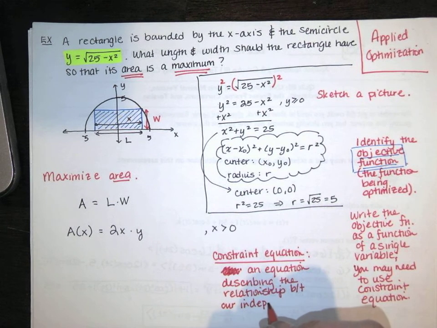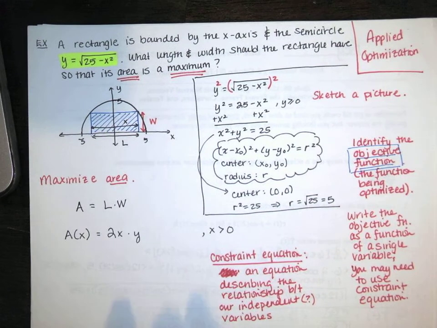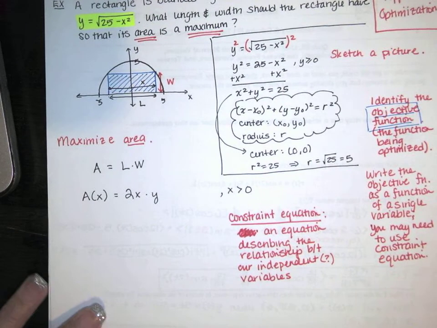Well, what would have been an independent variable? I'm going to put a little question mark by that. They would have been independent, but actually they're dependent. Y depends on x.